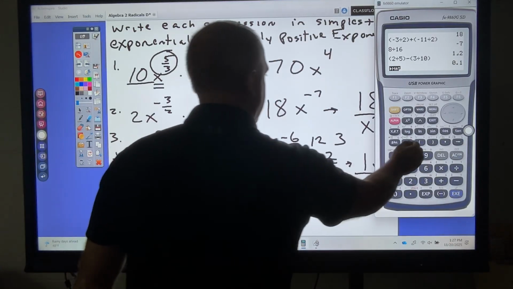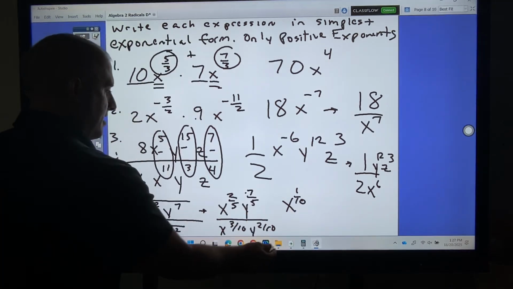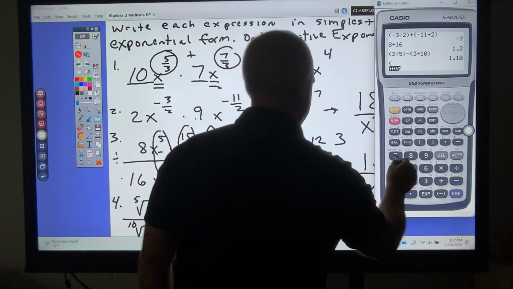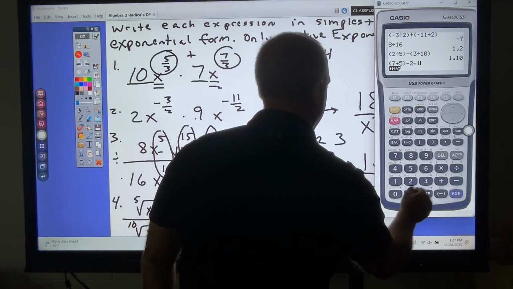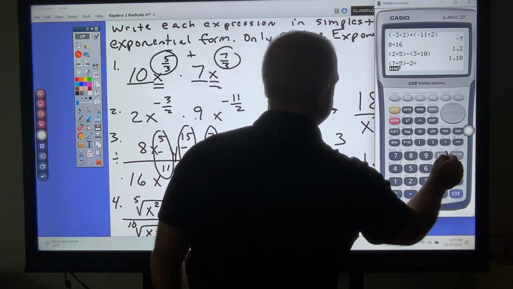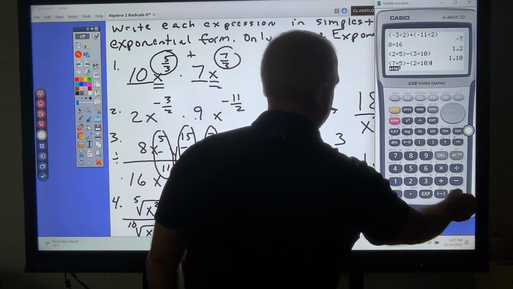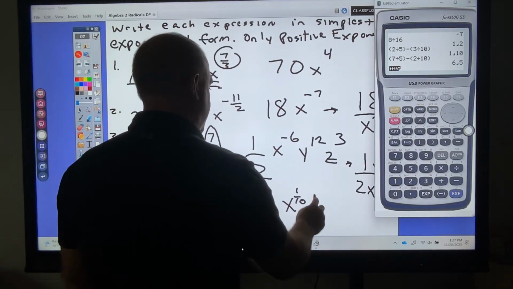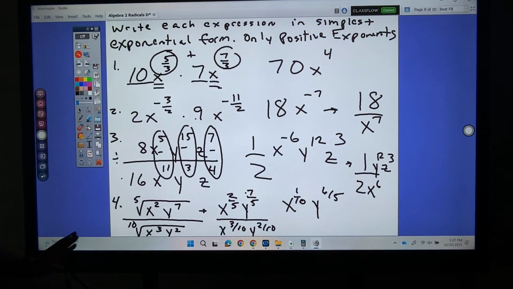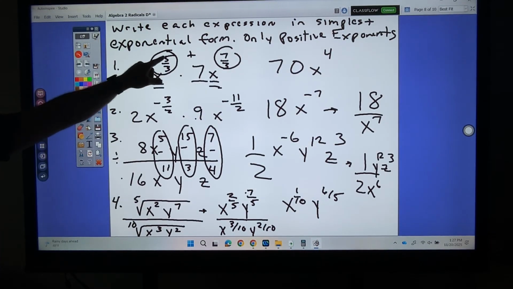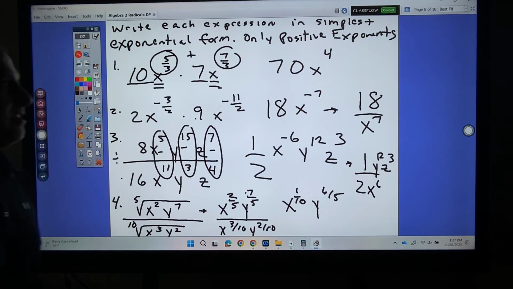Okay, I get for x 1/10. Okay, and then 7/5 minus 2/10. All right, that's going to be 6/5. And since those are positive, I'm good with that. Okay, so multiplication, we're adding. Division, we subtract. Okay, all right.